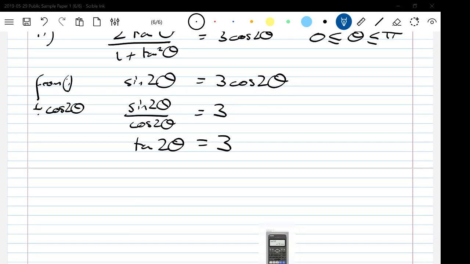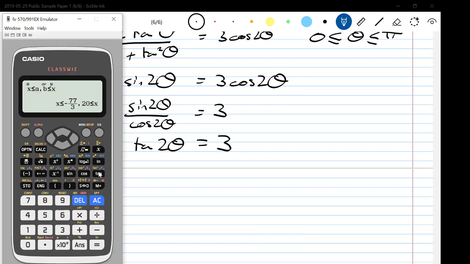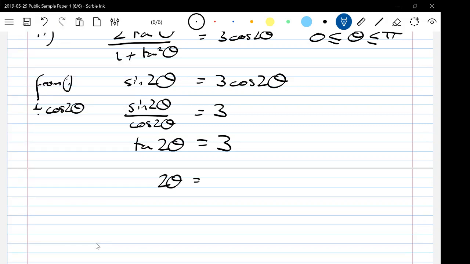We'll do inverse tan of 3. Get to the right mode, please. We are still in radians, so we're all right. Inverse tan of 3 gives me 1.249. 2 theta is 1.249 radians.